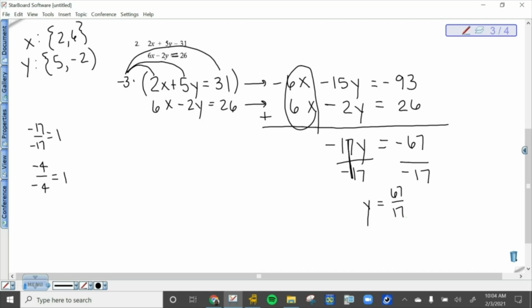Negative 26. Okay, so this should have been negative 26. It's negative 26 on your papers, isn't it? Why didn't anyone tell me we were doing it wrong? It says 6x minus 2y equals negative 26.